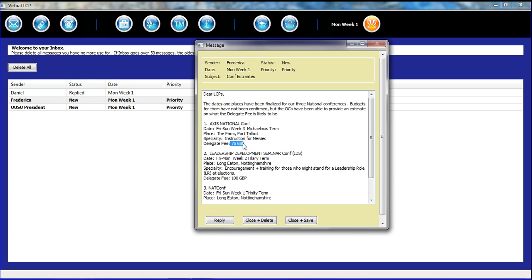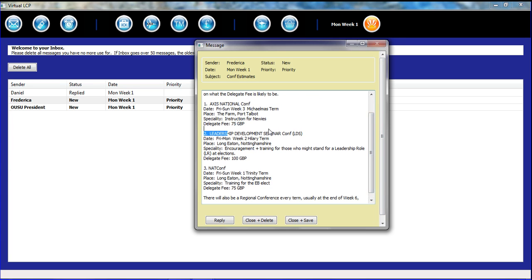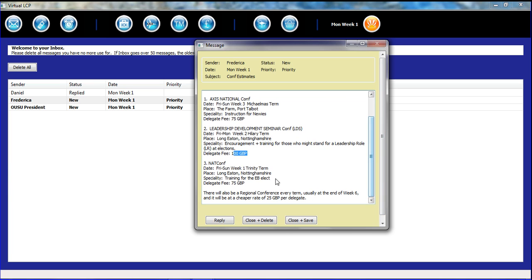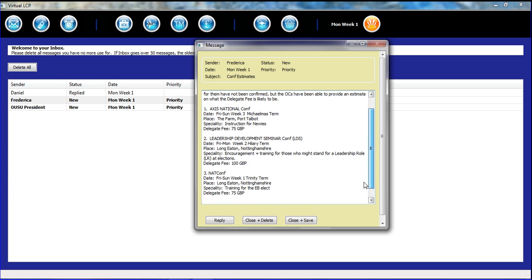Here's a conference, Leadership LDS, which will be next term, but it's got a very high delegate fee, so we want to make sure we still have money for next term. That's something we'll have to take into account when we pay for our stall for Freshers Fair. Oh, and also regional conferences, week 6, much cheaper, so we'll have to think about saving for that more perhaps. Okay, thank you.